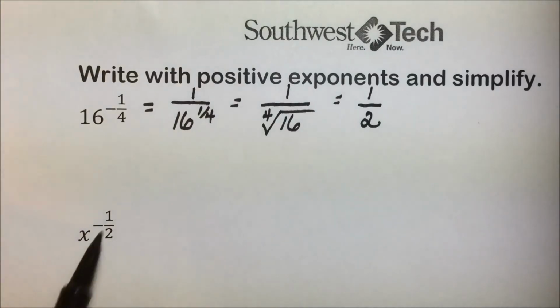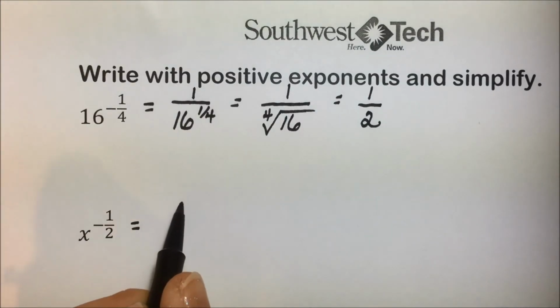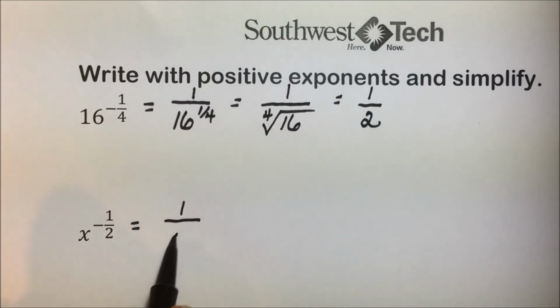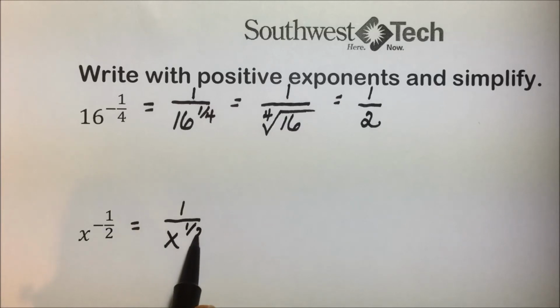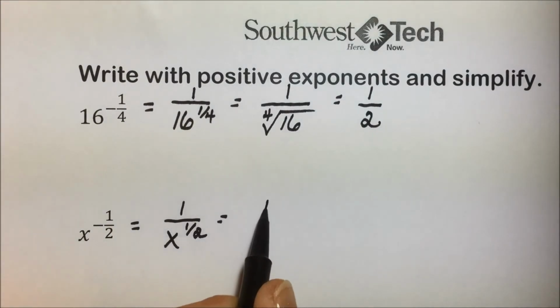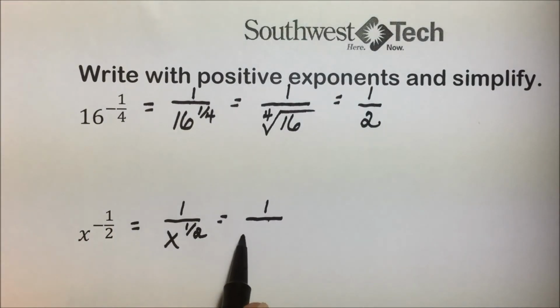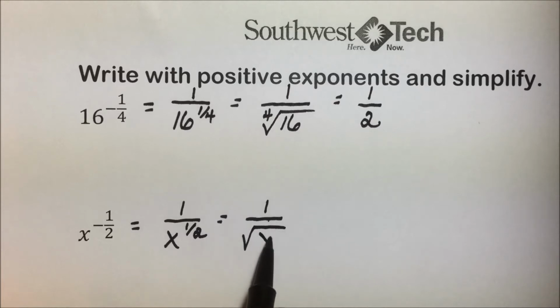In the next problem, we have a negative exponent. So to eliminate the negative exponent, we'll take the term to the denominator. Next, to simplify it, replace the rational exponent with the equivalent radical. This is equivalent to asking us what is the square root of x, but in the denominator.